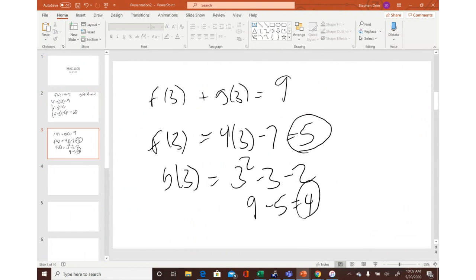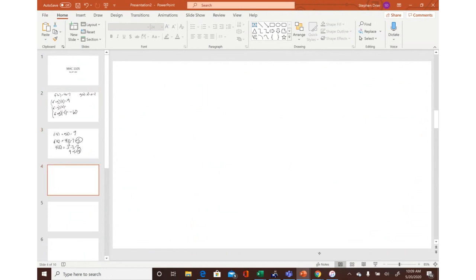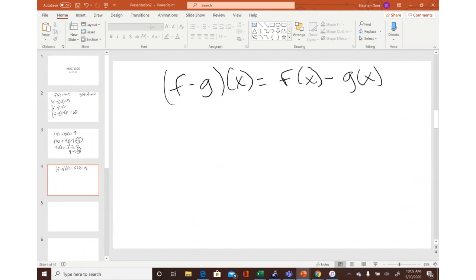Yes. Now, to find f minus g of x, what you're going to do is f of x minus g of x. Mm-hmm. And then you're going to ask yourself, what is f of x? Well, f of x is 4x minus 7, and you're going to subtract g of x, which is x squared minus x minus 2.